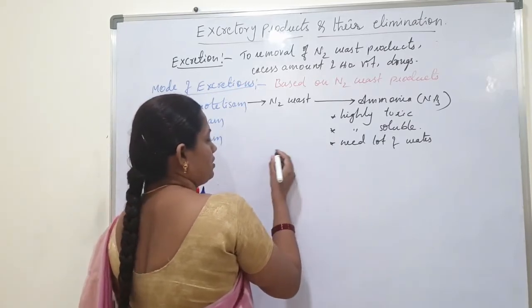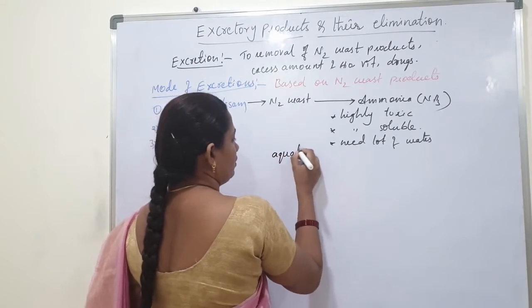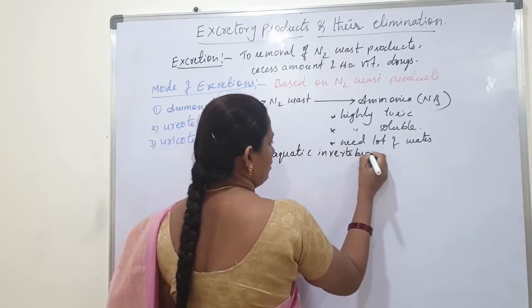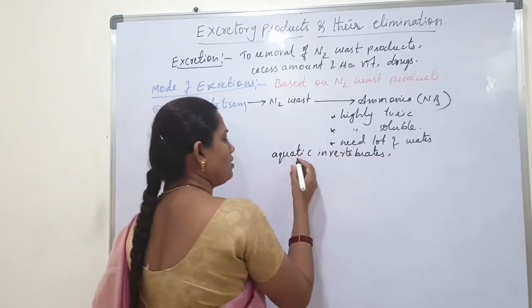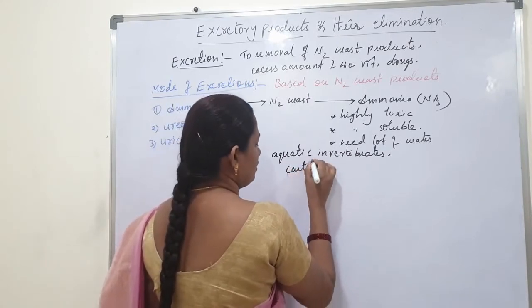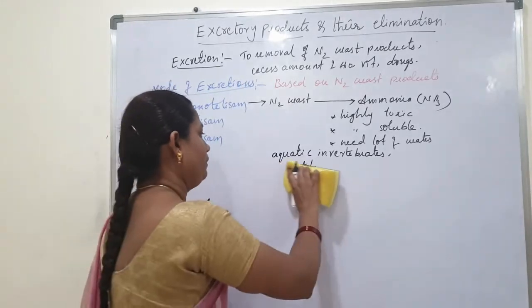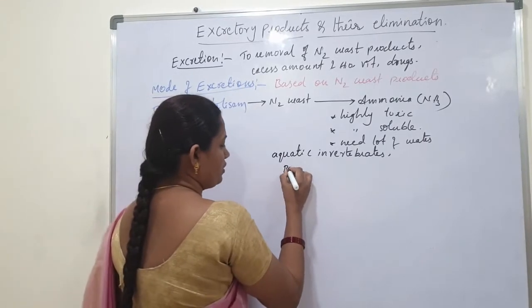Examples: aquatic invertebrates excrete ammonia, and also bony fishes.